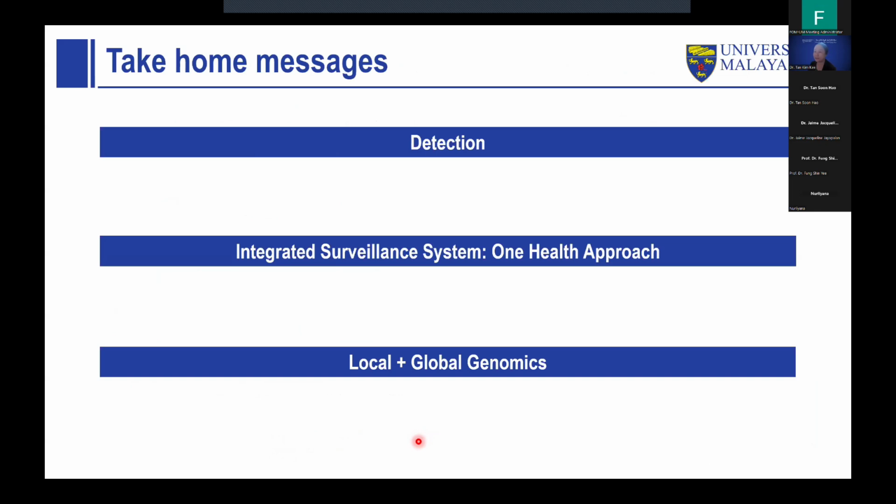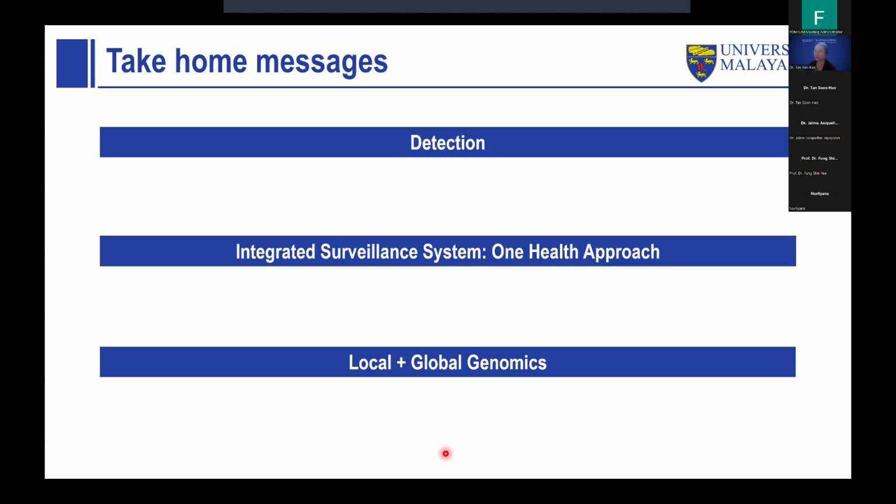So on my last slide, it's just a take-home message. Detection of spillover events is very important, and that could act as a starting point for any of the downstream investigations. But human-centered surveillance is no longer sufficient.